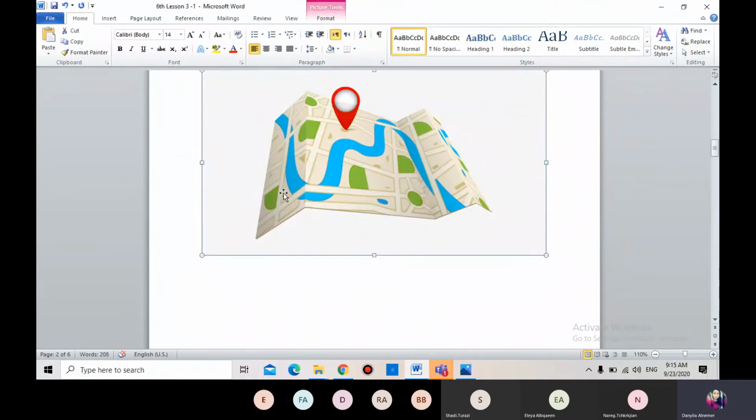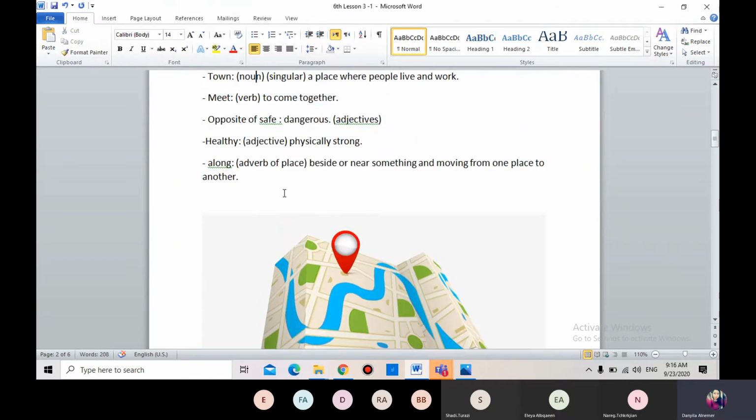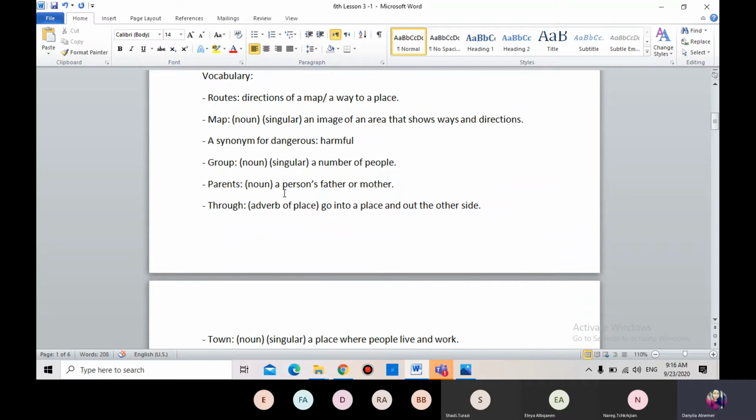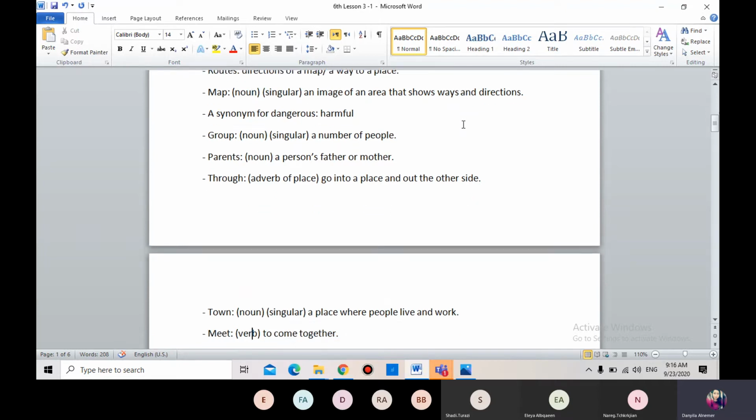Okay, it's just like the GPS. GPS usually shows the directions, the routes to a certain place. Okay, map, it's a noun, it's singular, an image of an area that shows ways and directions.